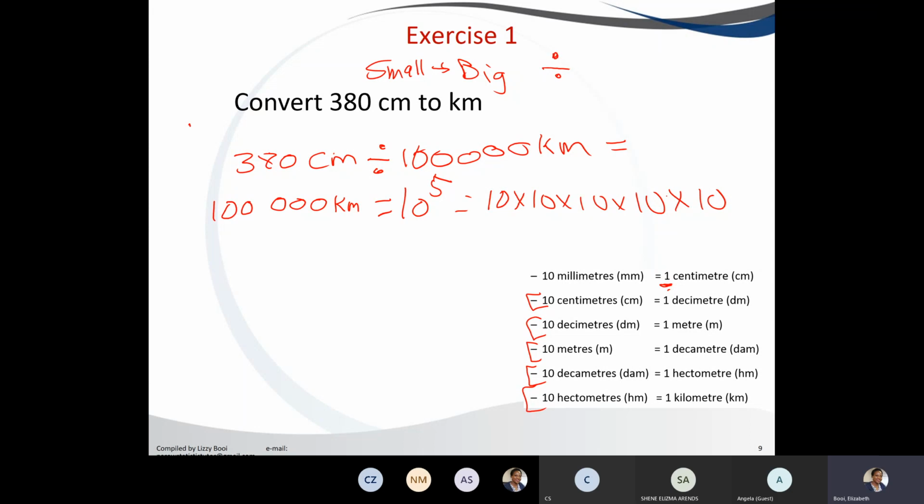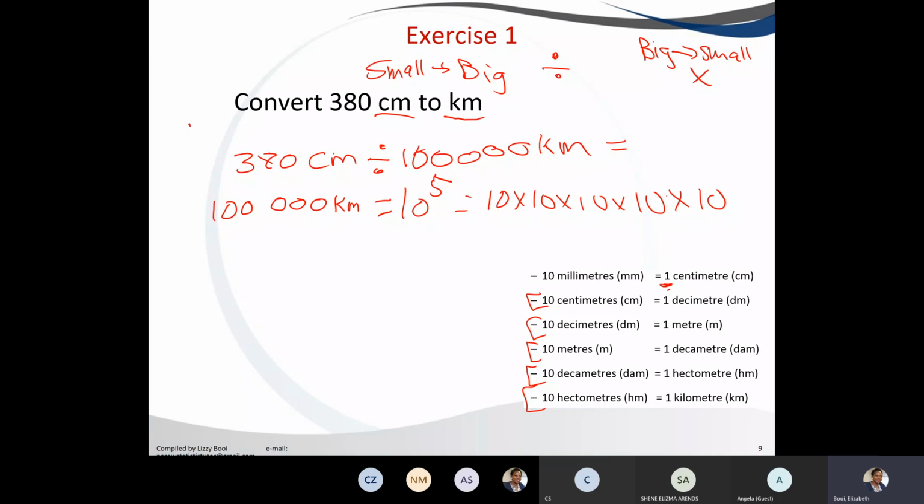And when we move from big to small, we multiply. Here, centimeters are small and kilometers are big, so we have to divide.